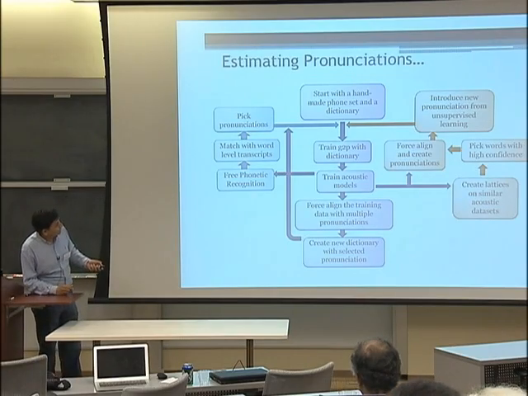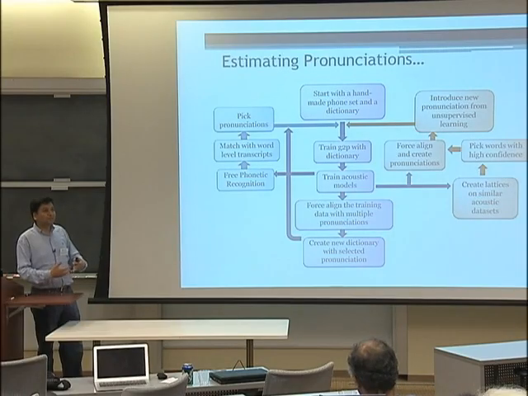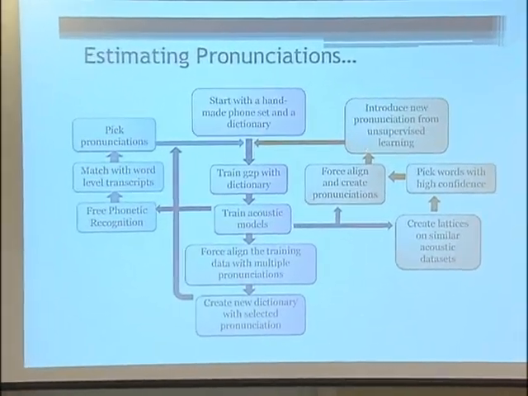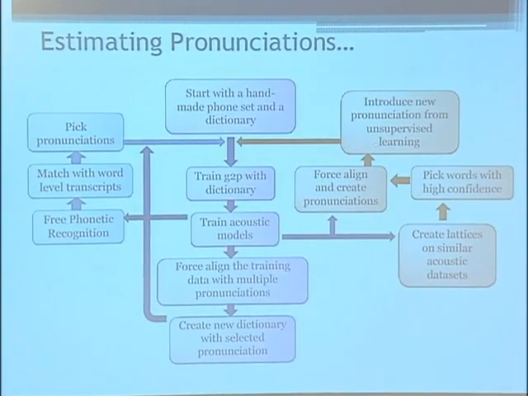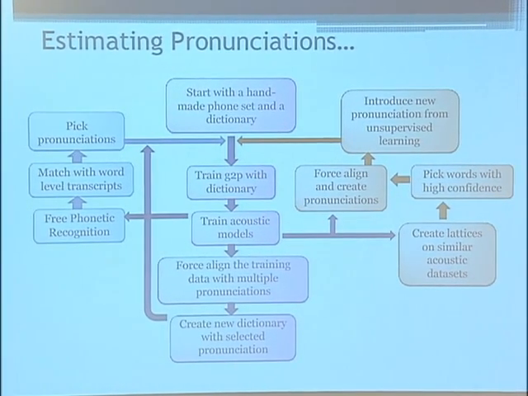So what we do here is that we create lattices essentially to get confidence scores on the words and their starting and ending times. We also force align that data with this recognition output and make it choose from multiple pronunciations. And from that, we choose the high confidence words and introduce new pronunciations to the system.